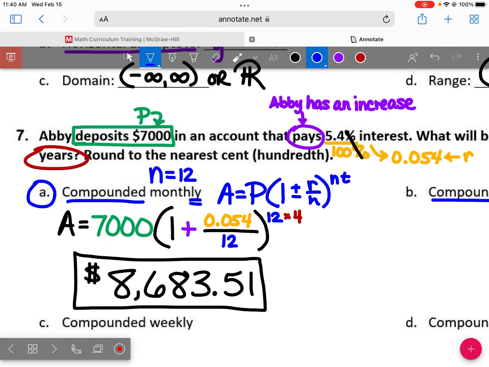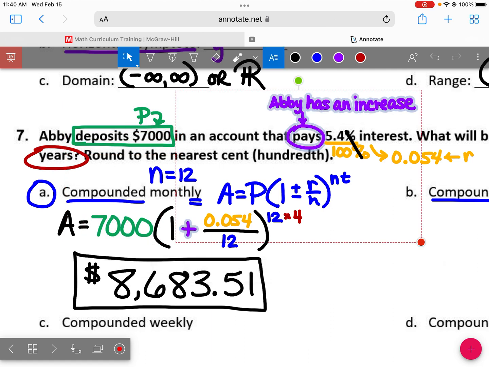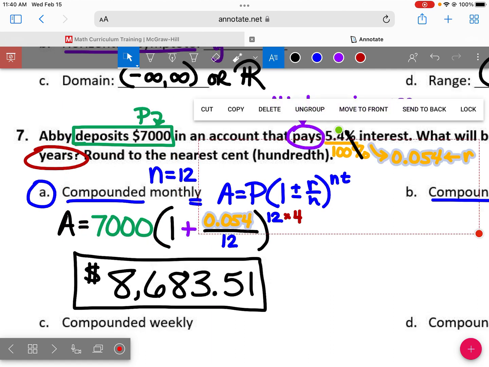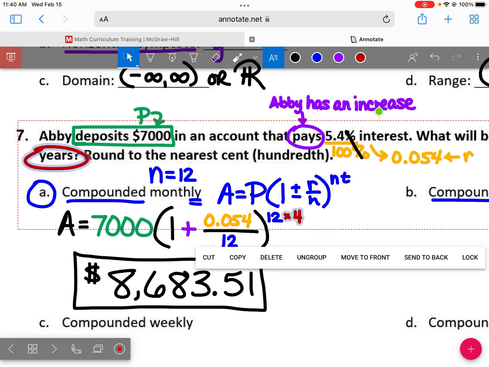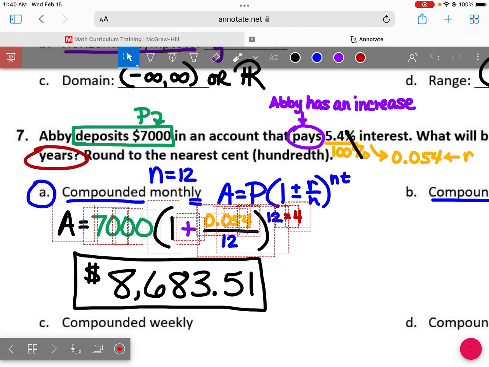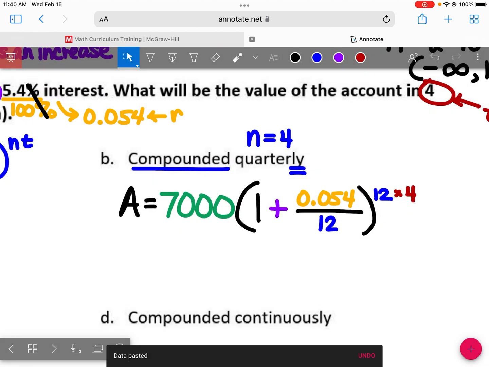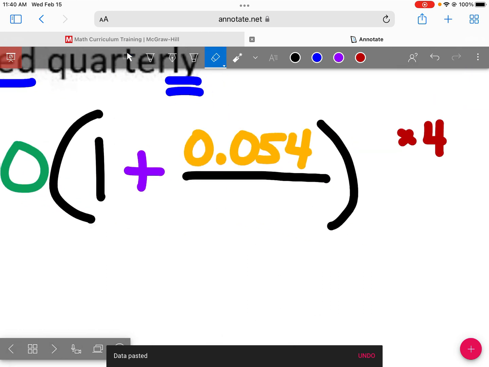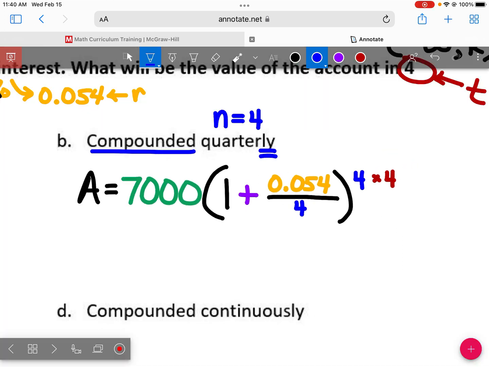So everything about this first one is exactly the same, except that n value. So I need to recopy everything that I wrote, off to the side in part A. And I need to make a change here and here. We're going to put 4 in instead of 12.